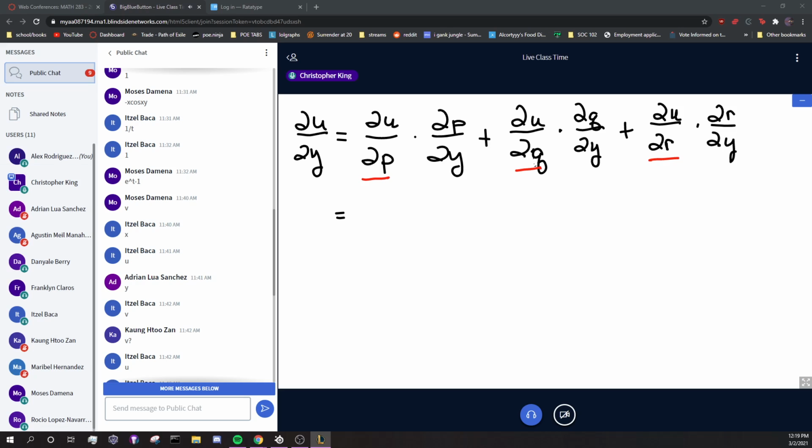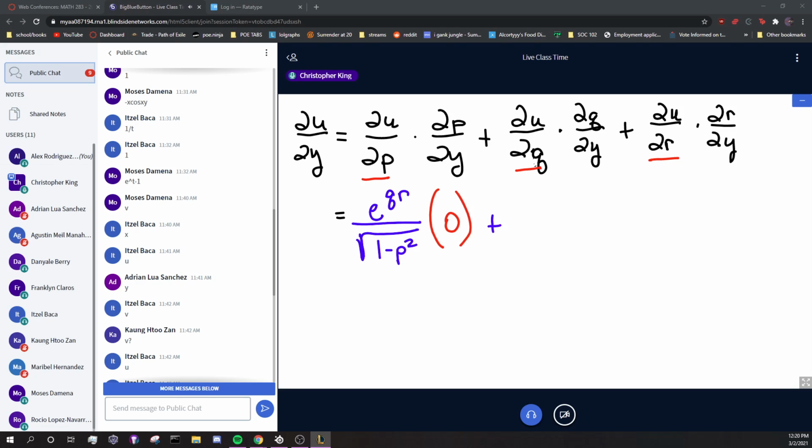So for that, the partial of u with respect to p is still going to be e to the qr over the square root of 1 minus p squared. Okay, then we're going to multiply that by the partial of p with respect to y. In this case, that is going to be 0.